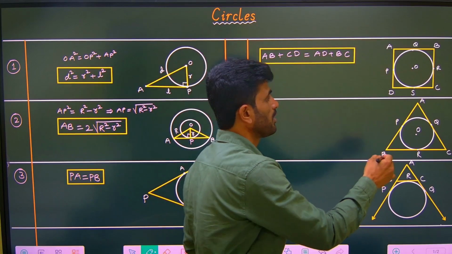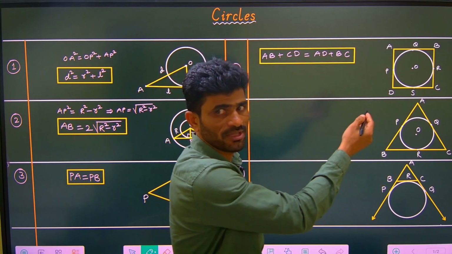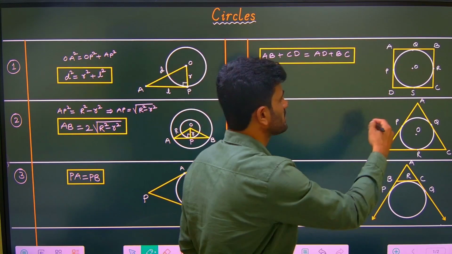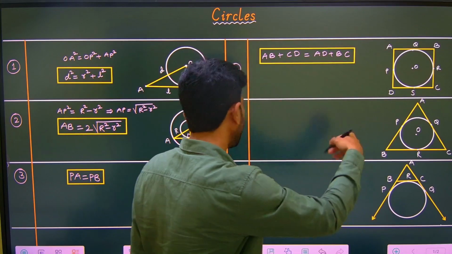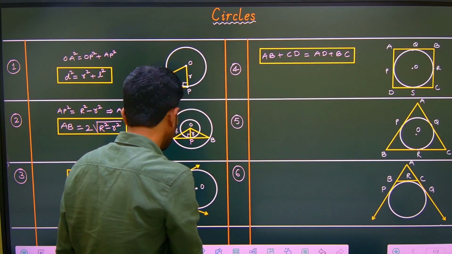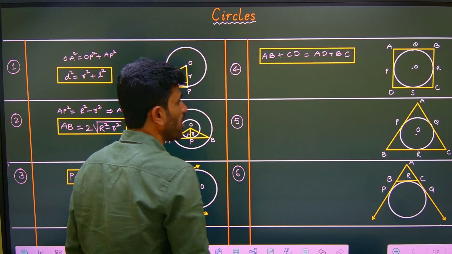Next one, coming to this, here what is happening? Before, a quadrilateral was circumscribing a circle; now a triangle is circumscribing a circle. If a triangle circumscribes a circle as shown in the figure, then what can we write?